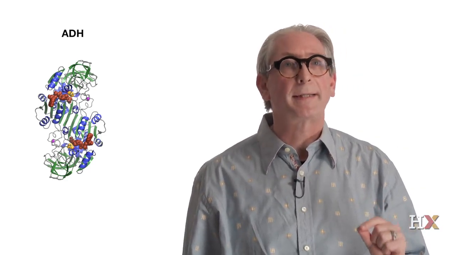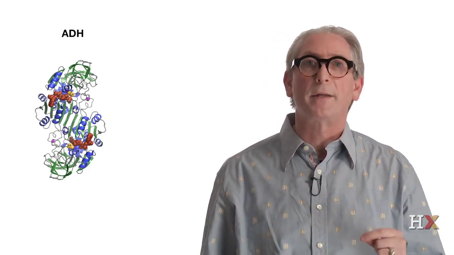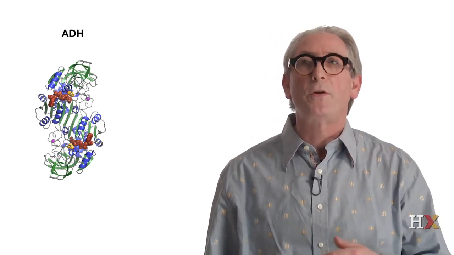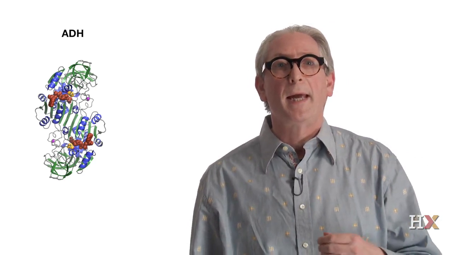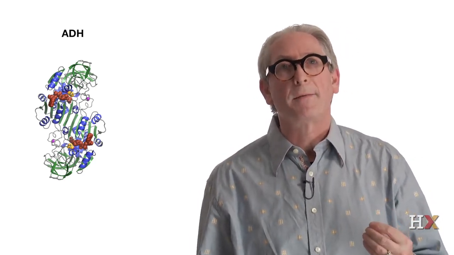Alcohol dehydrogenase catalyzes the conversion of ethanol into acetaldehyde. And this reaction is coupled with a reduction of NAD+. So if we just ignore the enzyme's spatial organization, we can expect the following.